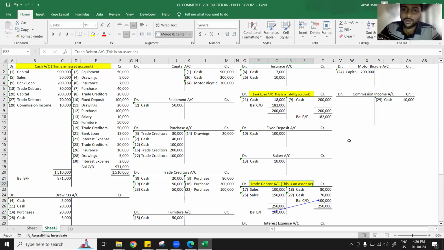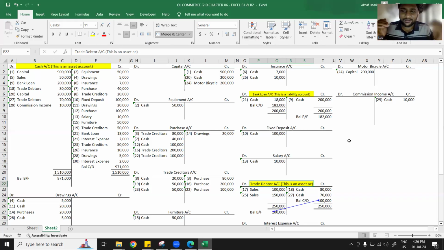So everyone tell me, how many accounts did we balance? 3 accounts. What are the points, people, that you have to remember? First, put the double line. Which value do you have to write on both sides, smaller value or bigger value? Both sides you have to write the bigger value. Then when putting the double line, are you leaving a line or writing the double line closer to the last value?